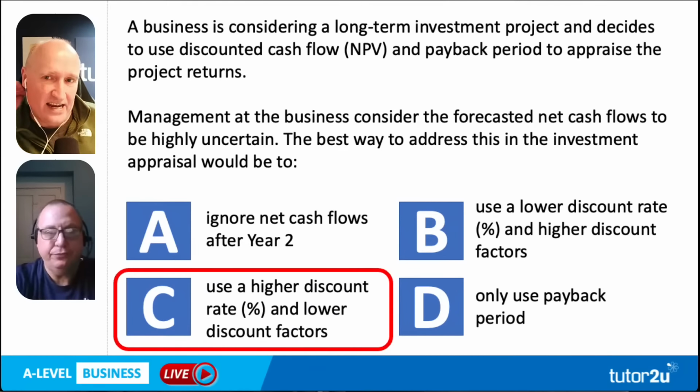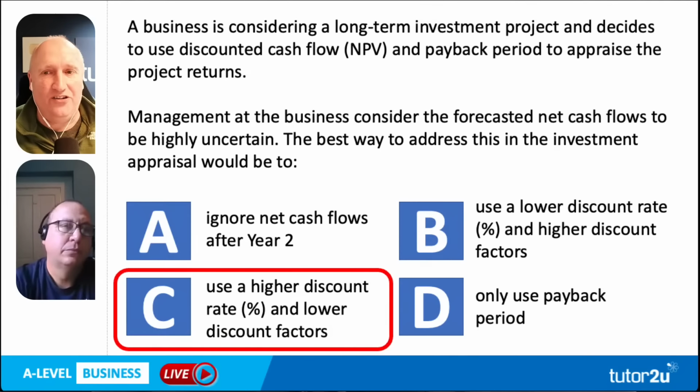It is indeed C. And here's the reason why it's C and not B. The reason why you use discounted cash flows is that if you're not sure about future cash flows, or if they're more uncertain, they should have less importance, less weight in the evaluation, the appraisal. Therefore, the way to make those inflows in the future less important is to apply a lower discount factor. So rather than 0.8, you might apply 0.6.